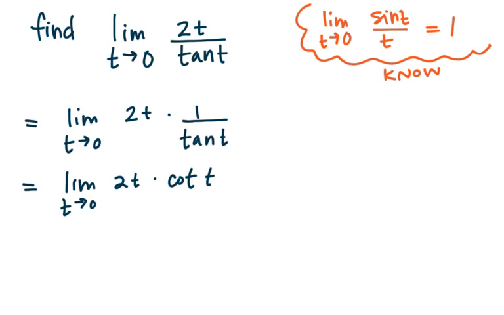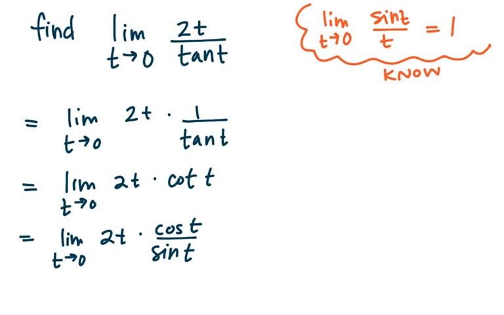Now, if I try to rewrite cotangent as sine and cosine, I know that tangent is sine over cosine. So cotangent is cosine over sine. So the limit as t approaches 0 of 2t times cosine t over sine t.